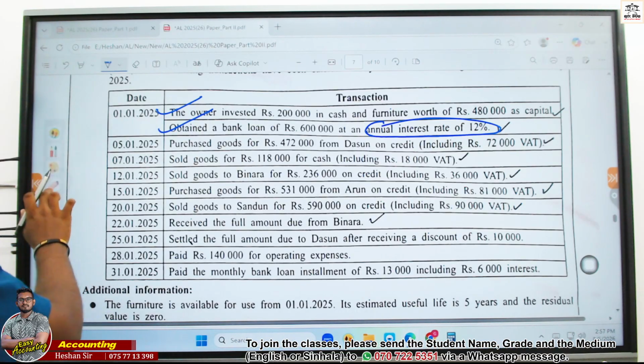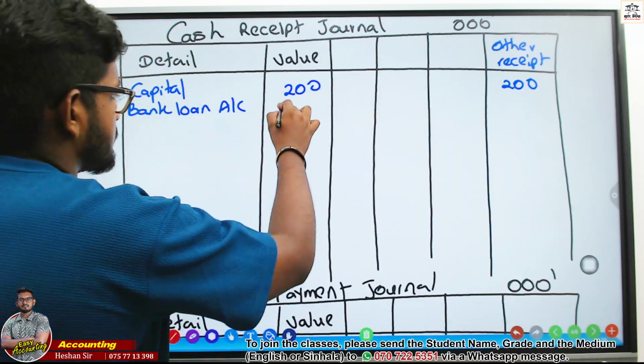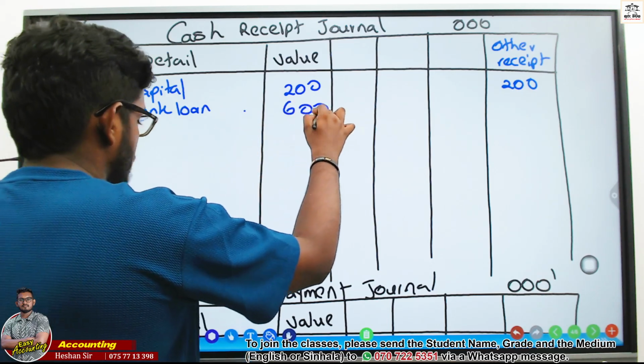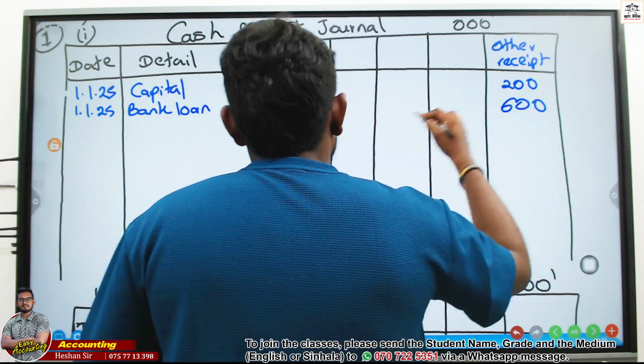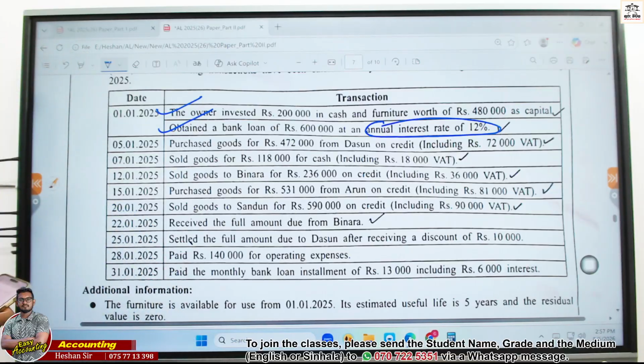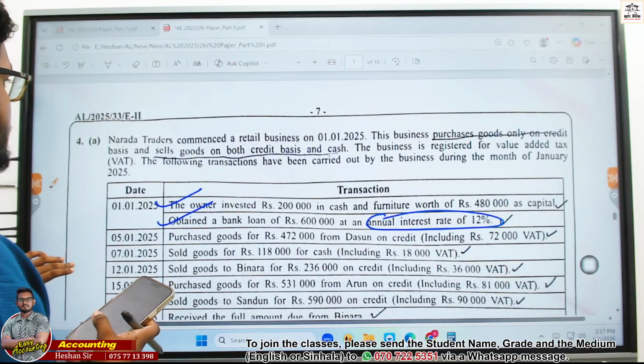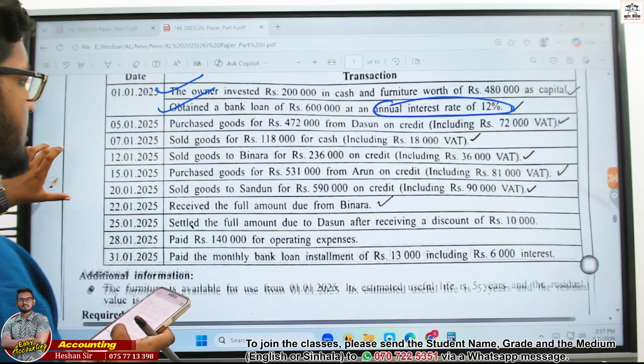That is 600. That is also other receipt. Other receipt, income we separate main, right? But all the purchases are credit, sales both cash and credit, right?